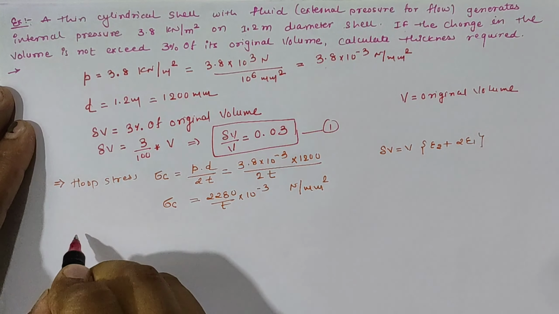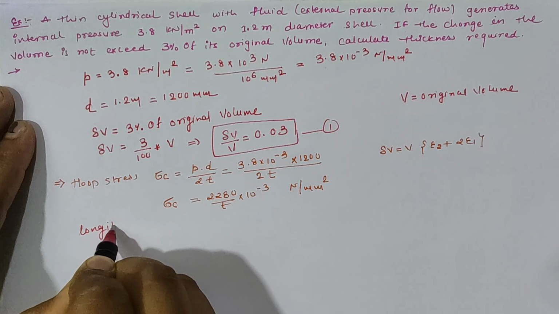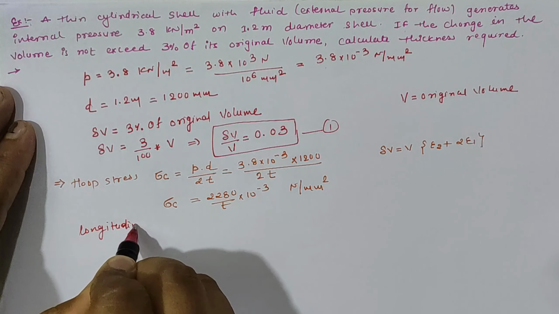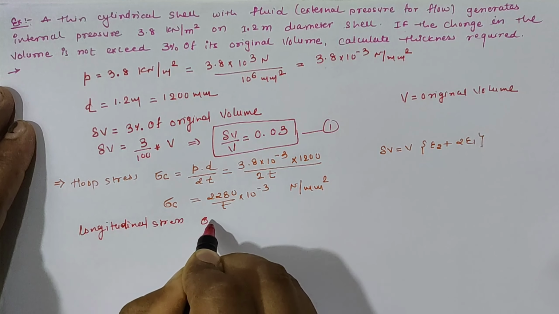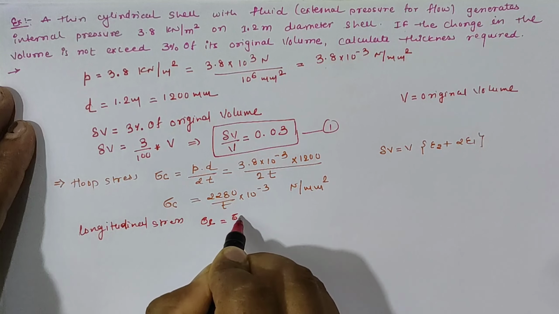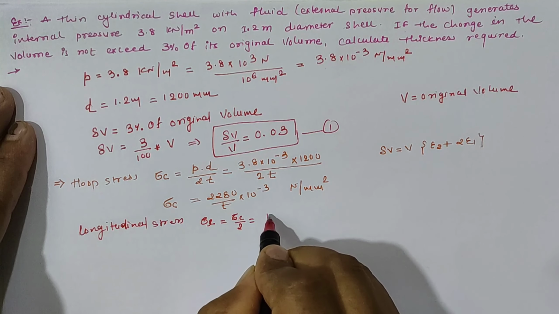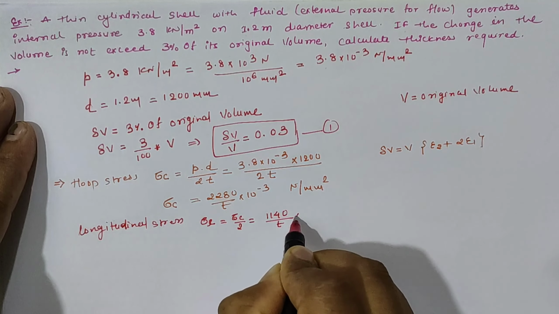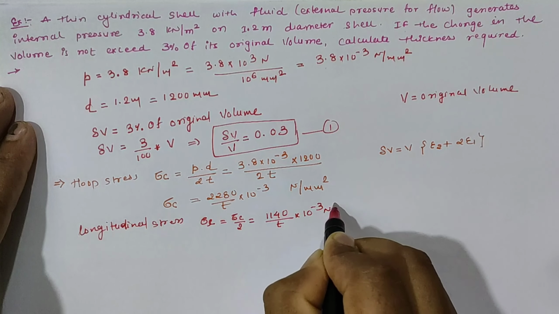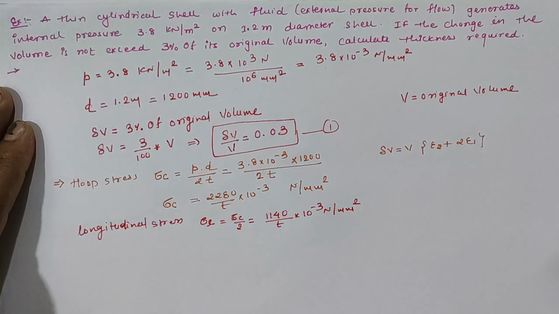Similarly, if we calculate the longitudinal stress, sigma L is equal to sigma c by 2, then the value is 1140 by t into 10 raised to minus 3 in terms of Newton per mm square.